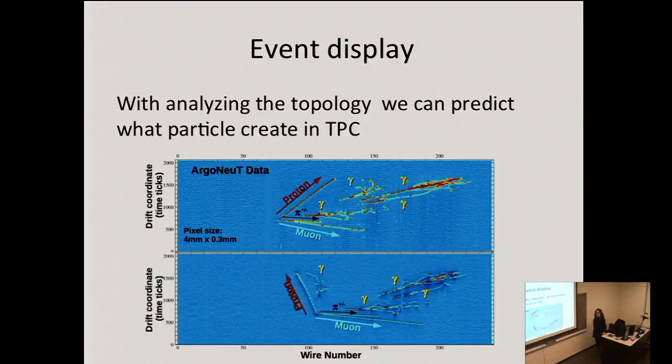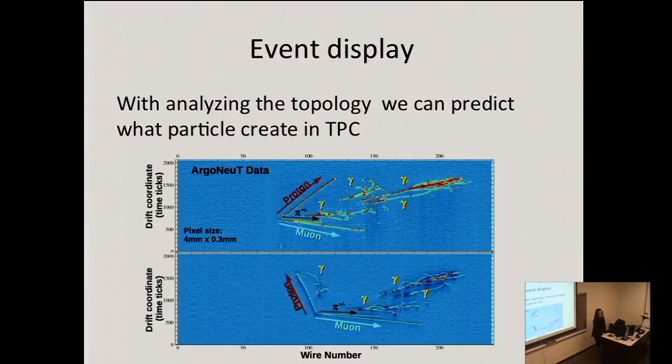So if you think about it, if the particle doesn't have charge, if it goes through and doesn't have any interaction, you don't see anything in the detector because this is the charge. And the neutral particle doesn't create anything unless they interact and create a charged particle.